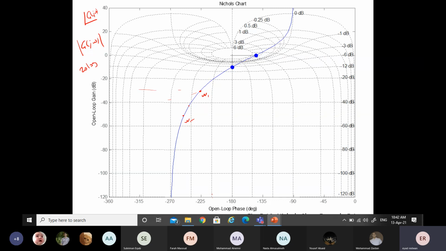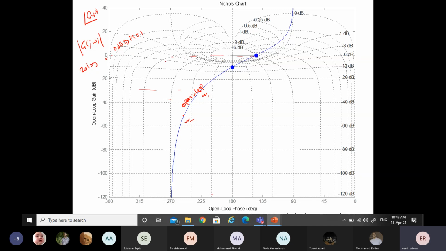The open loop is drawn on the M and N circles, which are the closed loop response, but this time in decibels. Looking at the blue line, at this point specifically, the magnitude of the open loop is 0 decibels. 0 decibels means M equals 1, magnitude equal to 1.